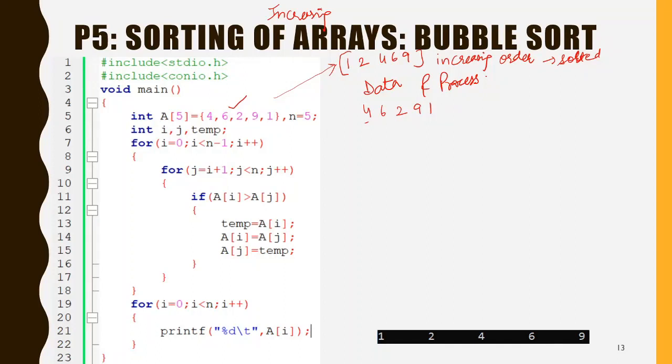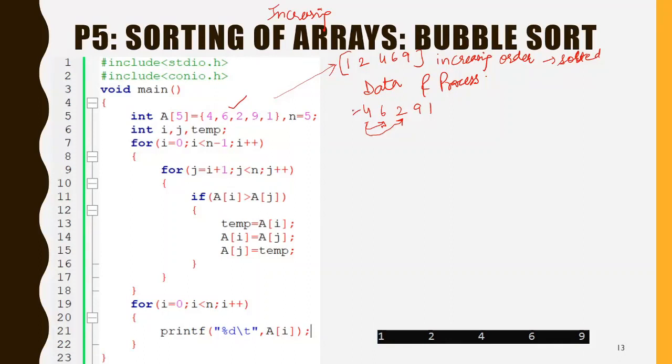Now, suppose you have all the elements with you. So 4 will be compared with this 6. If 4 is less than 6, it should not be a problem. But suppose 4 is compared with 2. Now you can see that 4 is greater than 2. It means this 2 should come in the place of 4, and 4 should not be placed here.